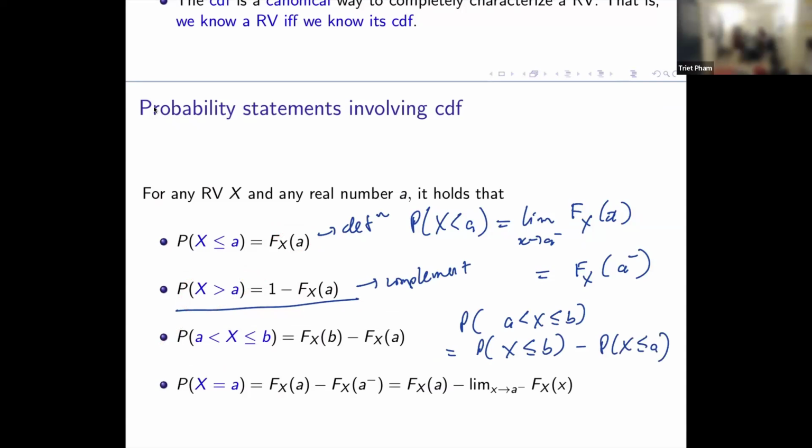Because the half open, half closed interval will be minus infinity to B, but not minus infinity to A closed. That's set notation.